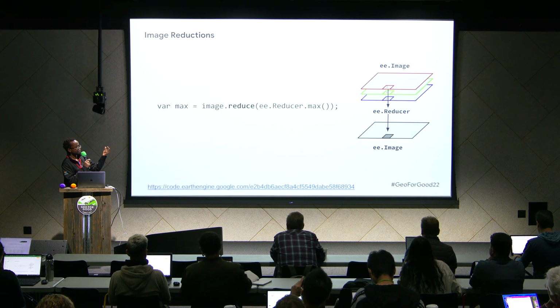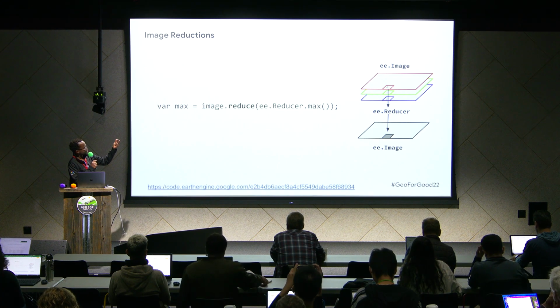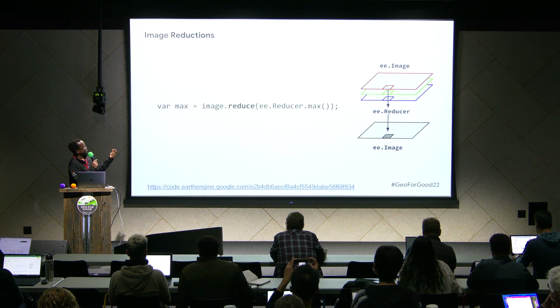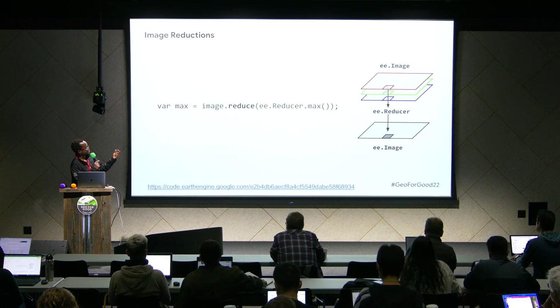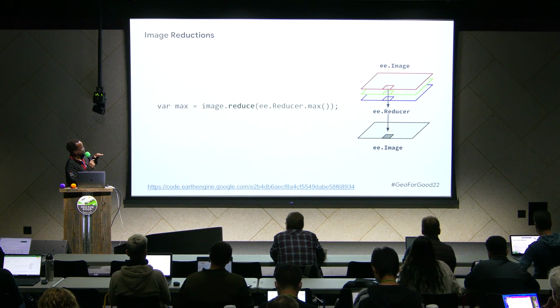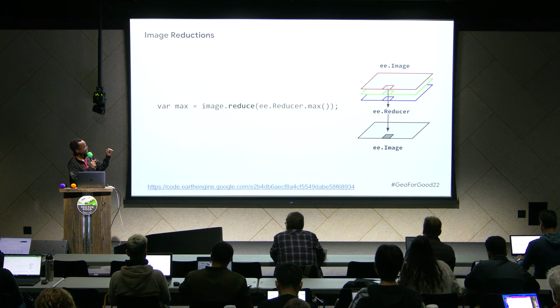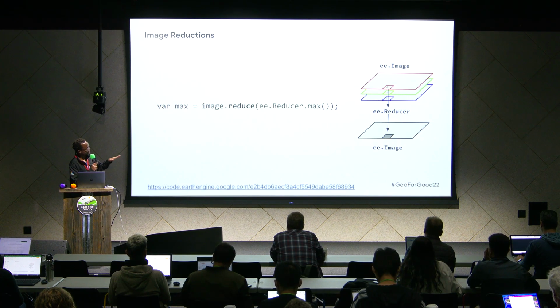So over each pixel, we'll take the maximum across the bands. The output will be a single band, computed from the pixel values at a single pixel across all the bands. So we collapse that image into a single band.